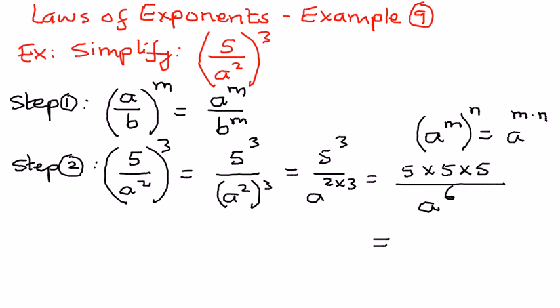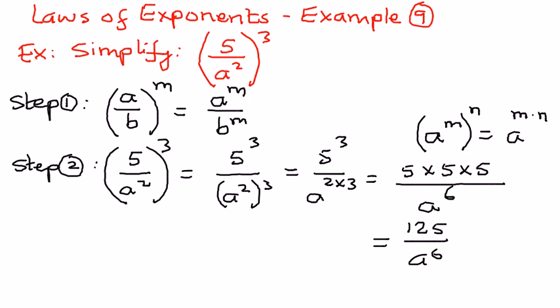Therefore I can come back here and simplify it some more. 5 times 5 is 25. 25 times 5 is 125 divided by a to the power of 6. And this is our answer. This is where we want to leave it.